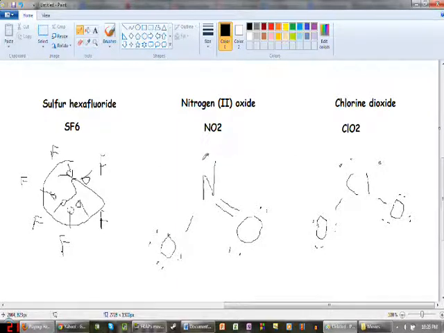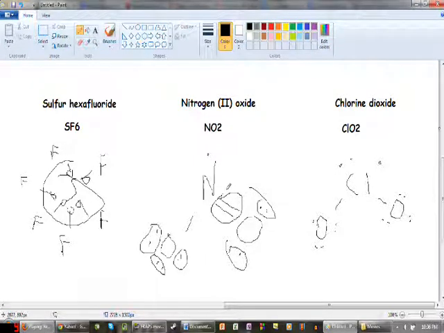So with NO2, nitrogen forms one bond with oxygen, and oxygen, as you can see, has the 3 lone pairs, and then nitrogen forms a double bond with oxygen, and oxygen has its 2 lone pairs, so oxygens are good. But the thing is, nitrogen has another electron left, another valence electron.